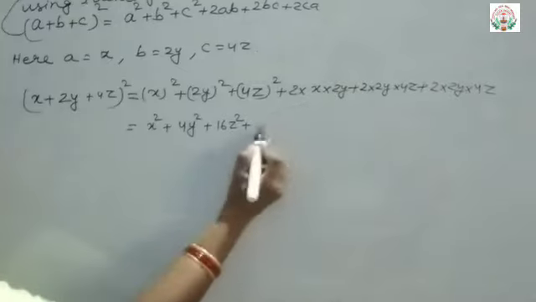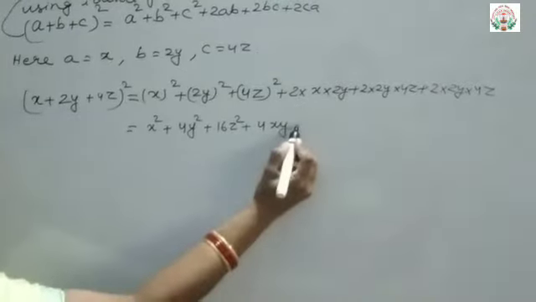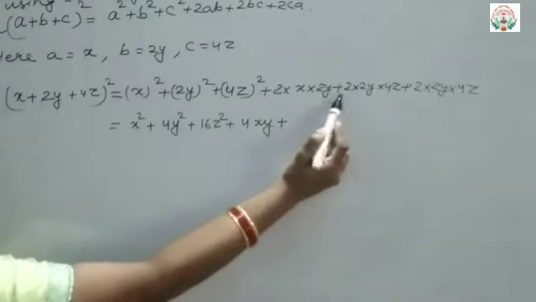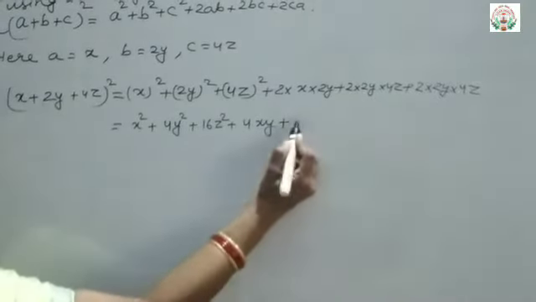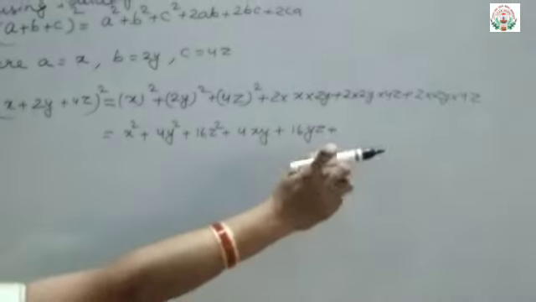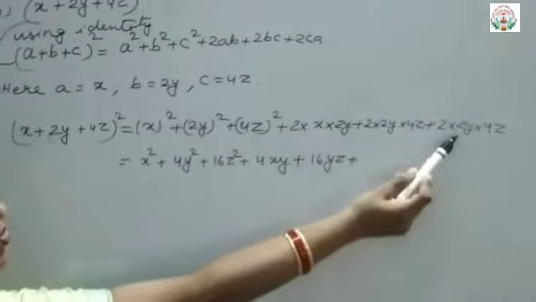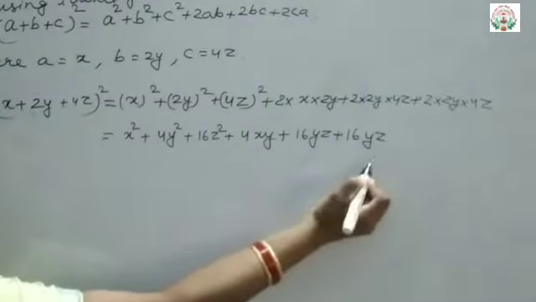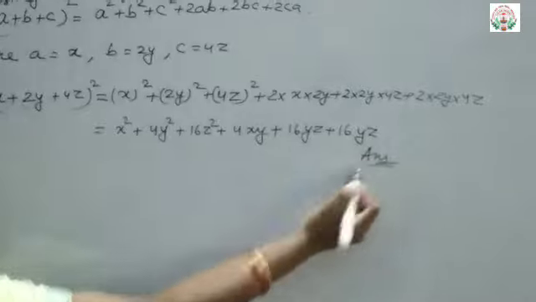So 2 into 2 will be 4 xy. Again here also you can see all the plus signs. So plus 2 2s are 4, 4 4s are 16 yz, plus again positive signs you can see. So 2 2s are 4, 4 4s are 16 zx. So this will be the answer.